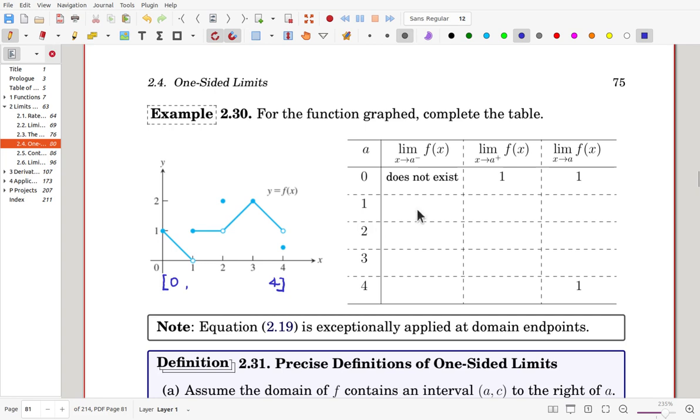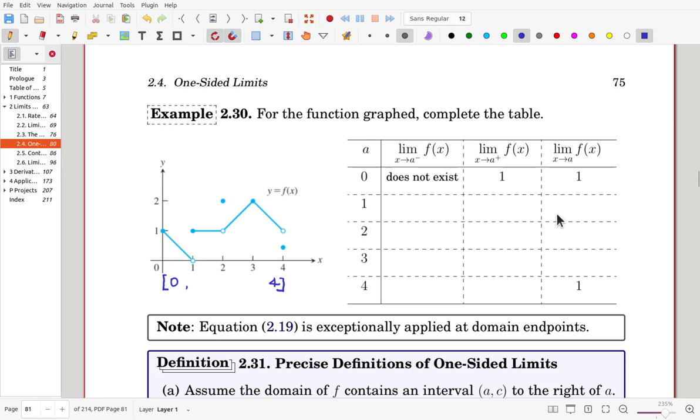Here we are choosing a equal to 0, 1, 2, 3, 4, and considering the left limit, right limit and just the limit. Once x is approaching a equal 0 from the left-hand side, that is out of the domain, so that limit doesn't exist. But x approaching a from the right is possible, and we can see the limit is 1.